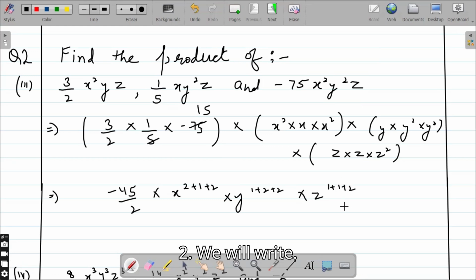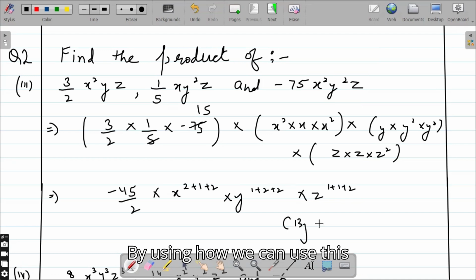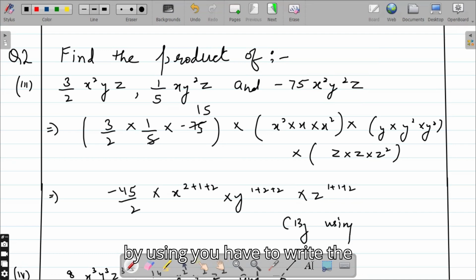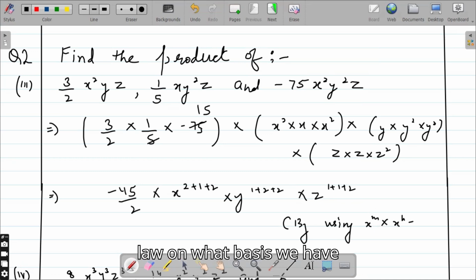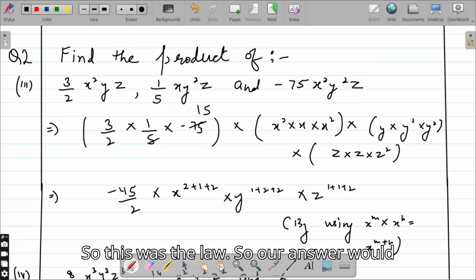We have to write the law on what basis we have done this, x^m into x^n. So this was the law.